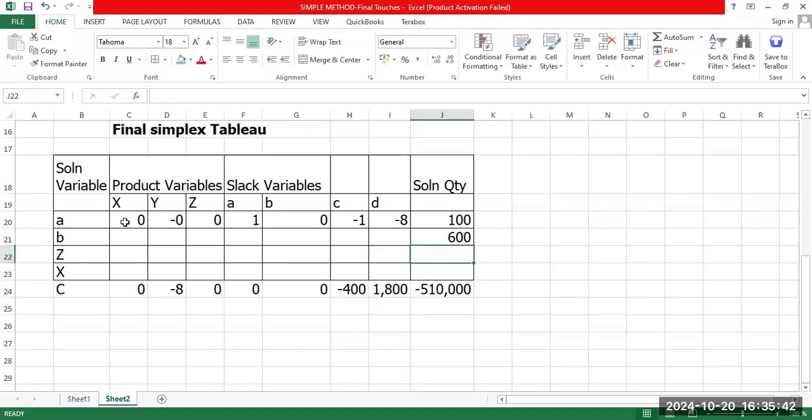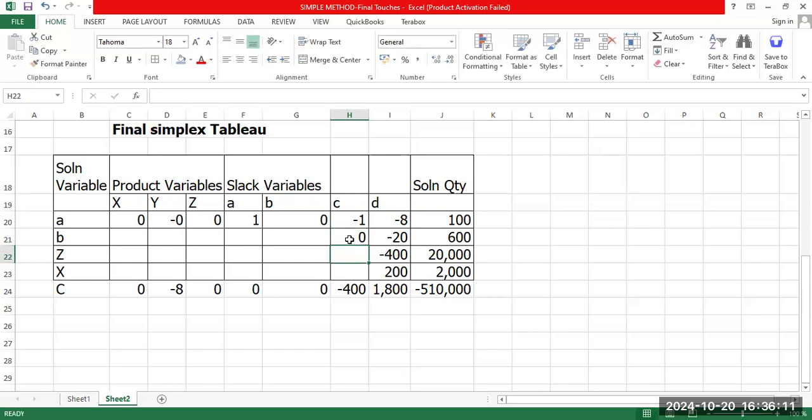Here you will be having 20,000. Here you will be having 2,000. Please make sure you do, because I want to again talk about range. That's why I'm handling the final simplex tableau.